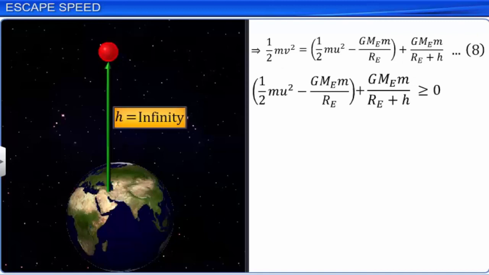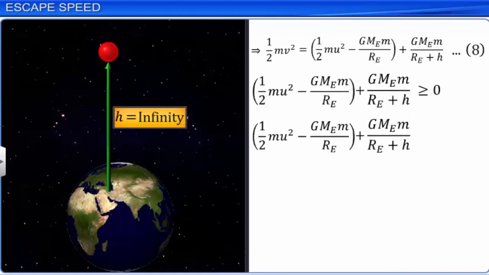Thus, the minimum value of u can be obtained by equating the expression to 0. Also, when h becomes infinity, the expression that includes h in equation 8 becomes 0.